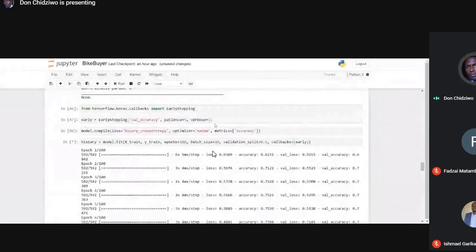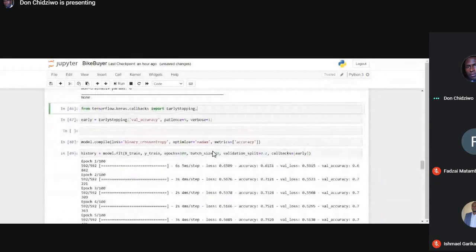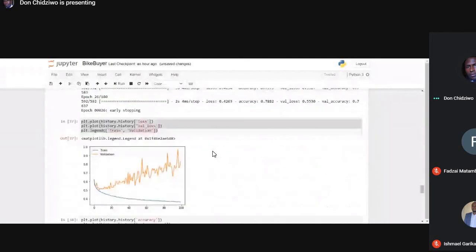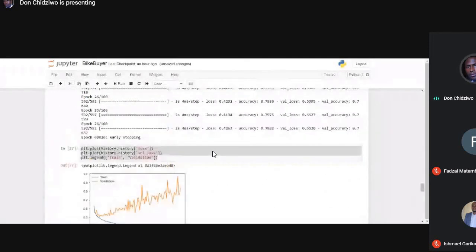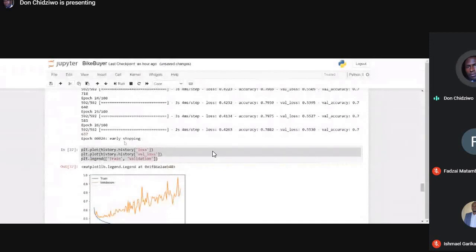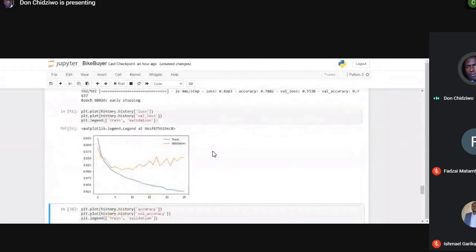Can you see this? After only 26 epochs, the model stopped.